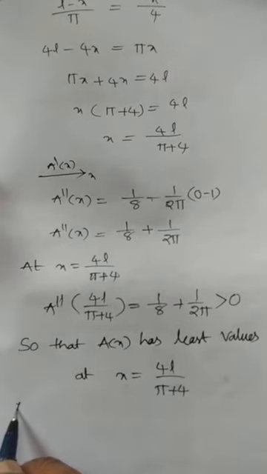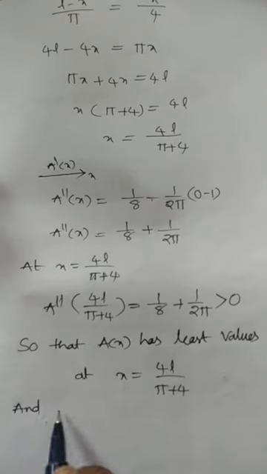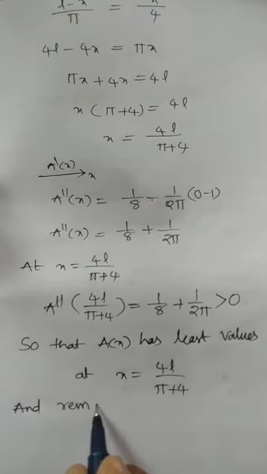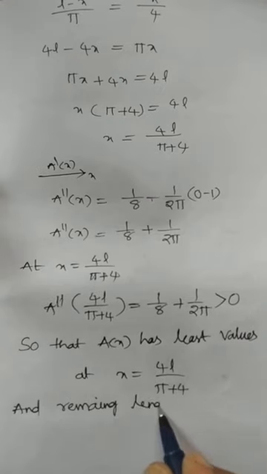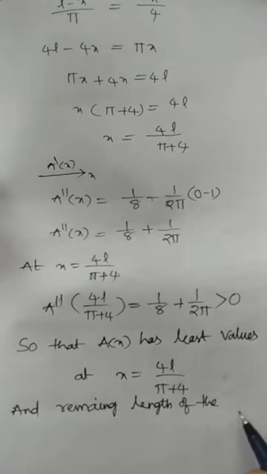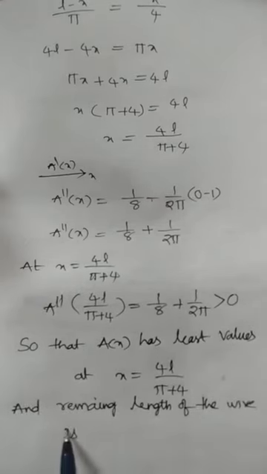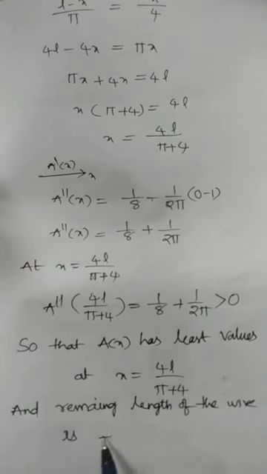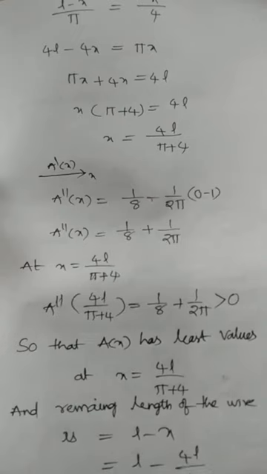The remaining length of the wire is equal to L minus x. So L minus x means L minus 4L by (pi plus 4).